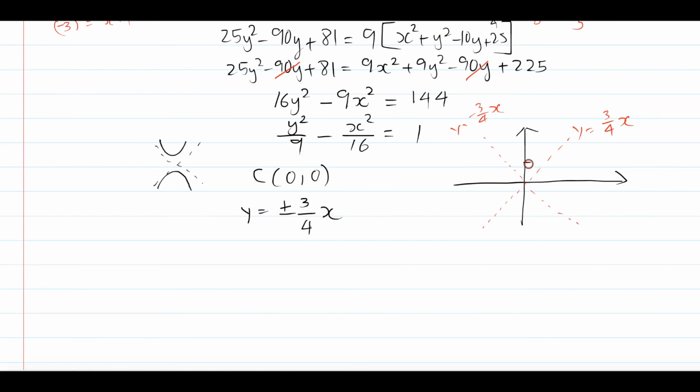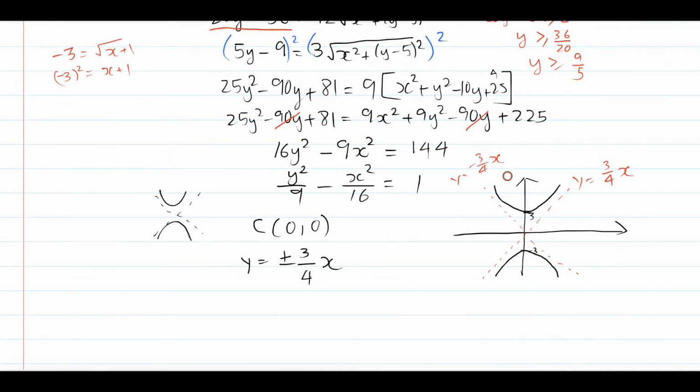So our graph starts at 3 and negative 3. Right, now you just sketch your hyperbola as normal, it shouldn't be too much of a problem, and you get your graph. Unfortunately, once again, that's a common mistake for many students.